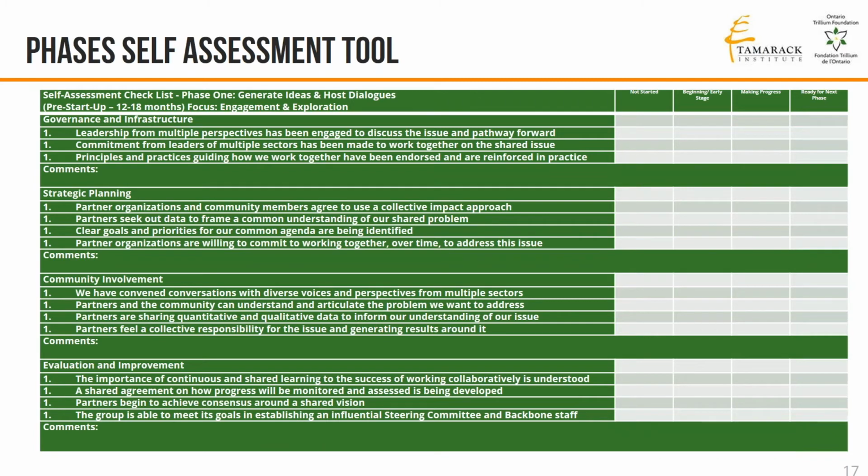So there will be 3 or 4 things to assess your collective impact initiative under governance and infrastructure, under strategic planning, under community involvement, under evaluation and improvement. And we view these as a bit of a checklist to help you plan your work going forward and to really see what you've done successfully.